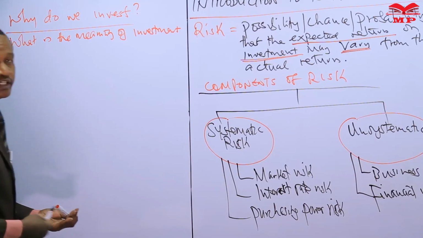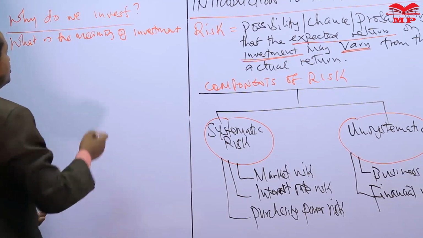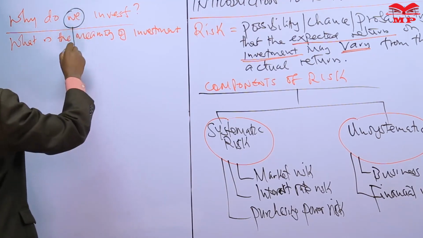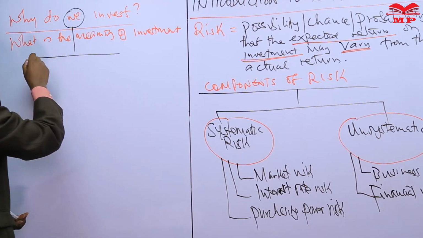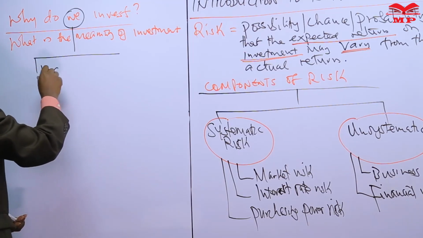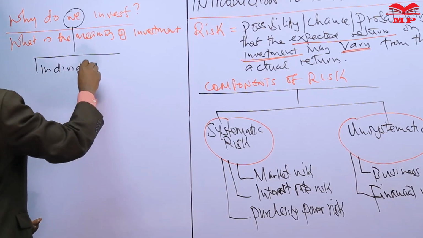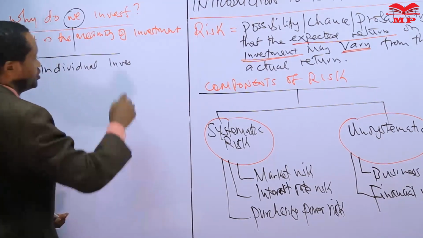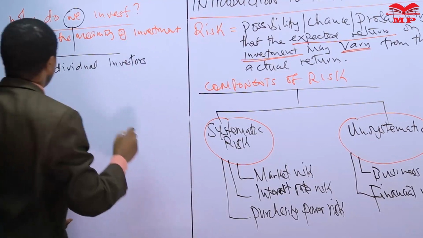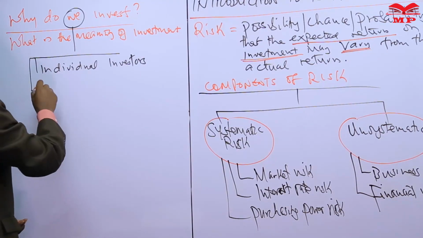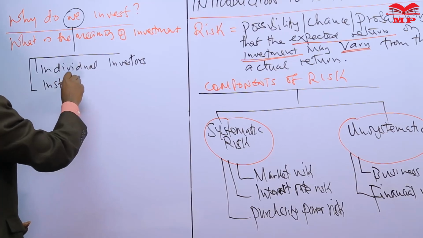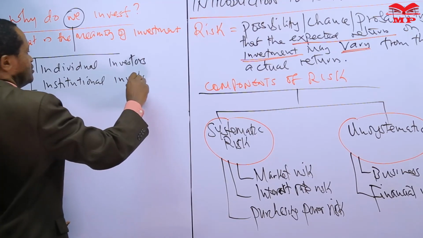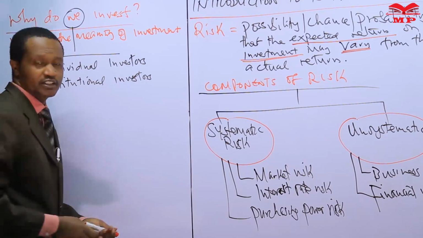Why do we invest? Now, when I talk of we here, I'm referring to individual investors. Investors can be categorized into two: individual investors and institutional investors.